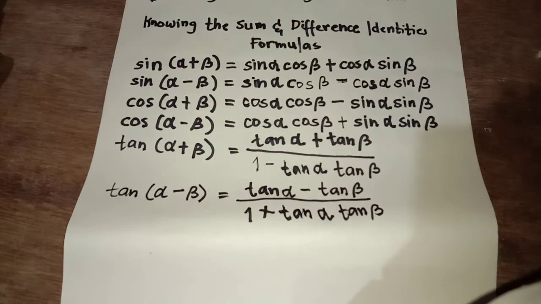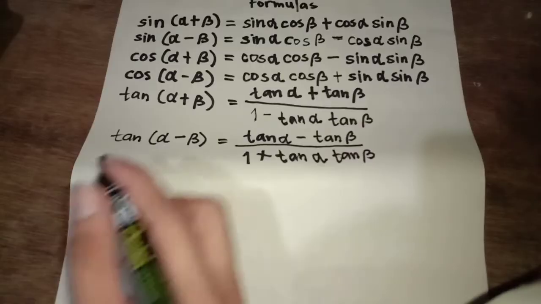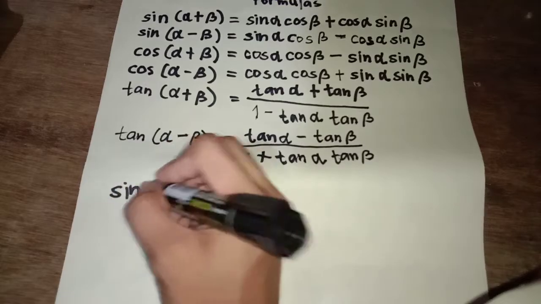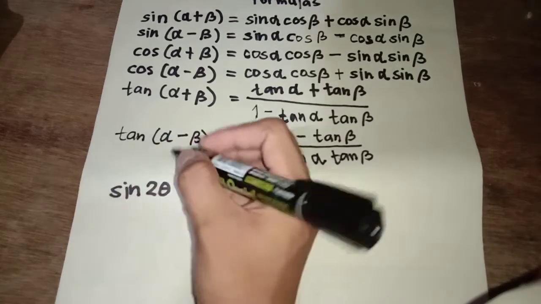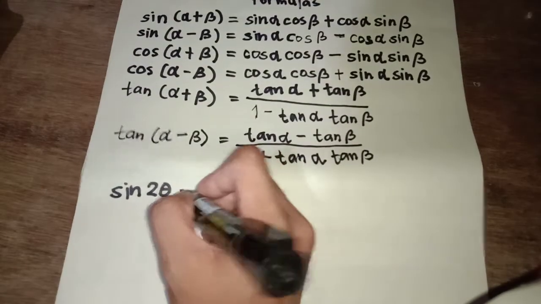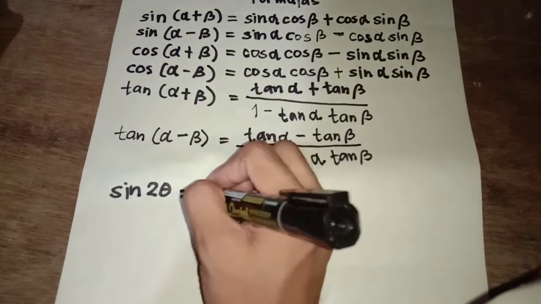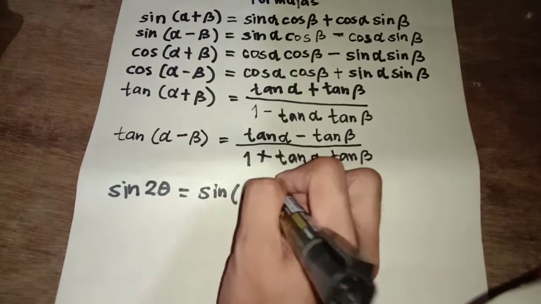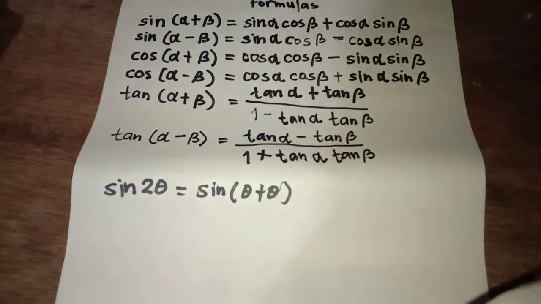Since we already know the sum and difference identities formulas, we can now derive the double angle formulas. Let us just start with the sine 2 theta. So sine 2 theta is just equal to sine theta plus theta.